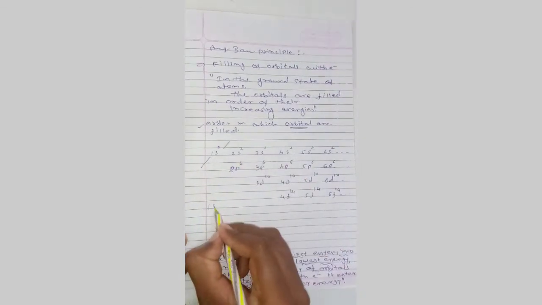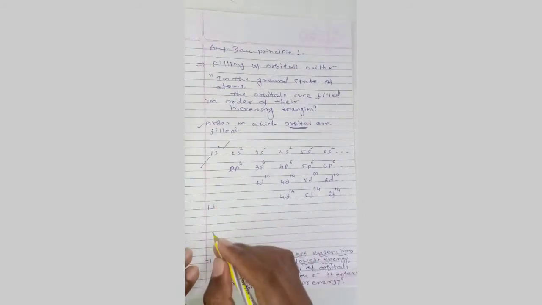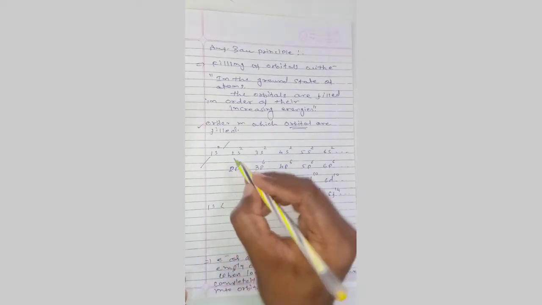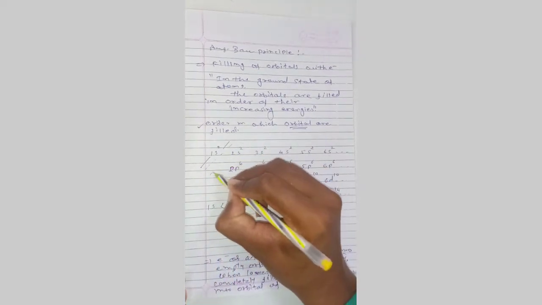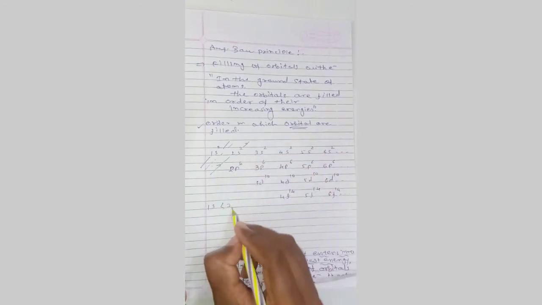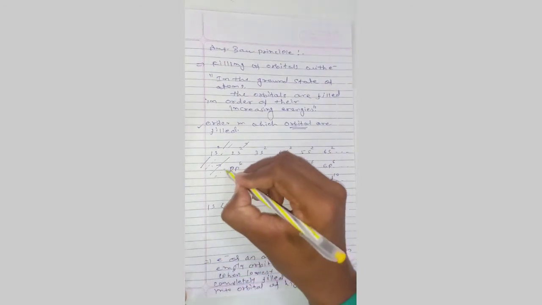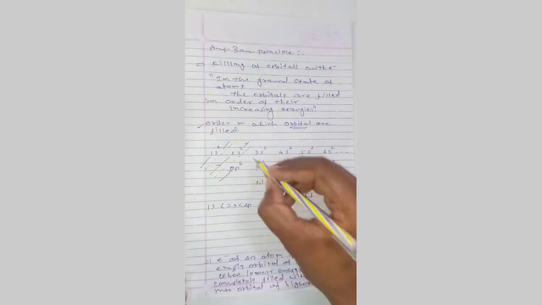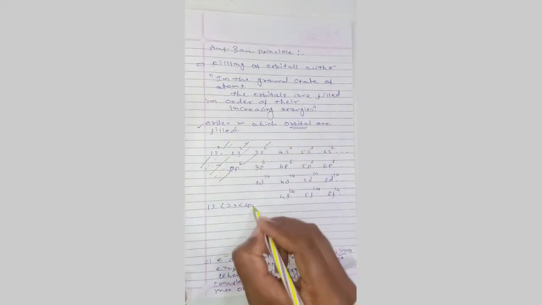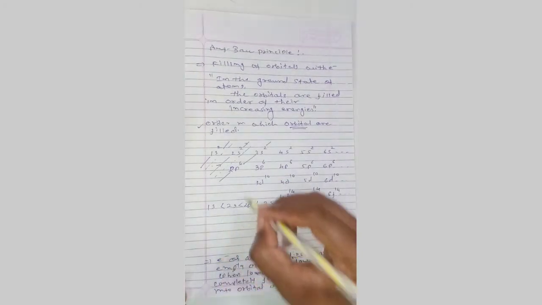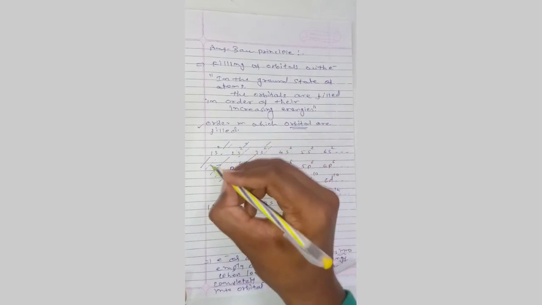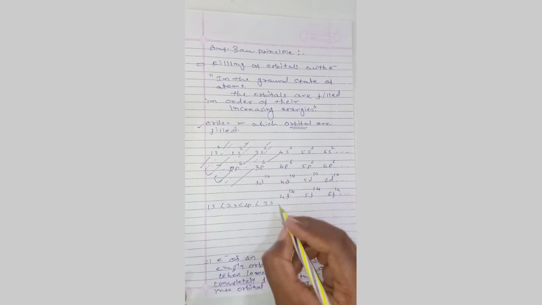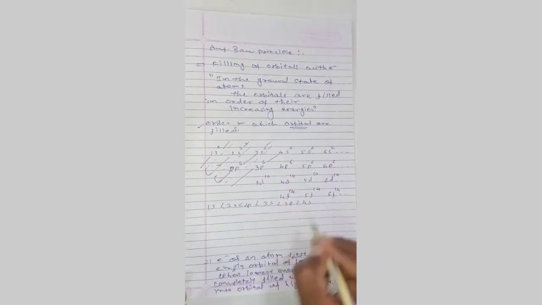First of all, 1s has lower energy, so electrons enter into 1s orbital. 1s is less than 2s orbital, then after it enters into 2p orbital, and then after it enters into 3s. Now then after 3p, and then after 4s.